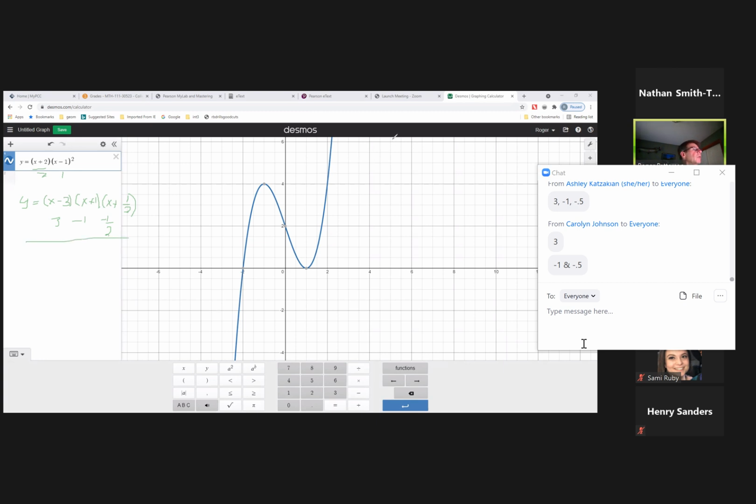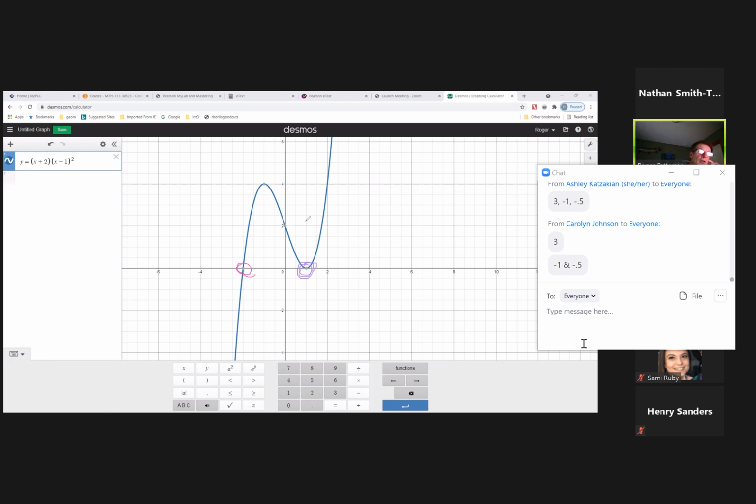Now, what I'm interested in, though, is what's happening. I'm going to clear this out. I don't want to use blue because that's what we use right here. This x-intercept is different than this x-intercept.